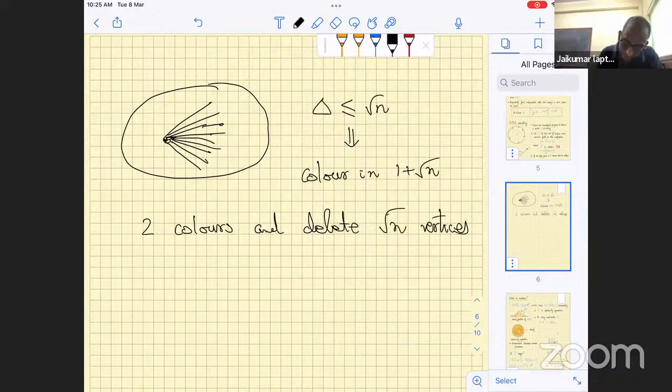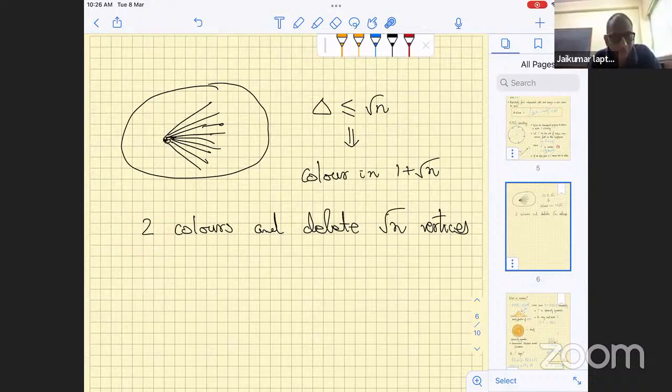Because if this vertex has high degree, meaning degree more than square root n, then we will color its neighborhood with two special colors and delete all of them. Now we are left with the rest of the graph and we repeat on them. Ask whether there is a high degree vertex again. If there is, we would again delete them and spend two more colors.